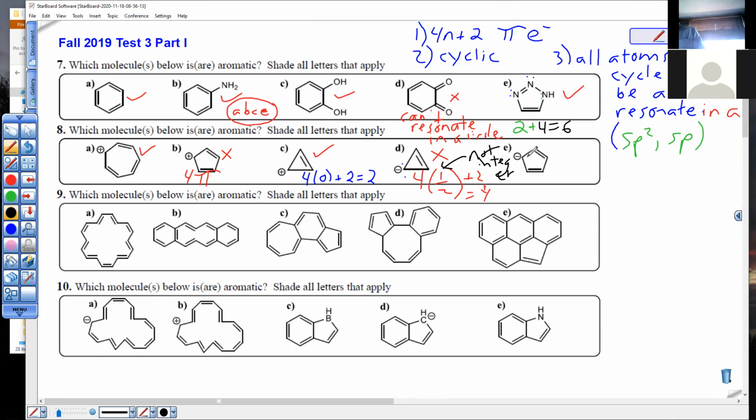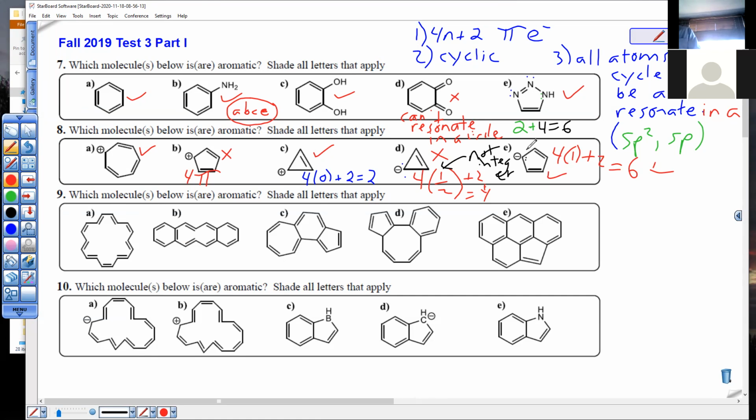And it's got a pair of electrons here too. And if you use those, you get the right number. You get to 6. That's good. And you have to rehybridize the lone pair into a p orbital, which is good. Everything's working there.